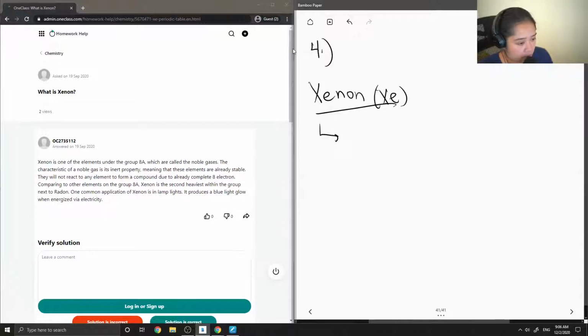So xenon is an example of a noble gas. So this means that it is inert in atmosphere.